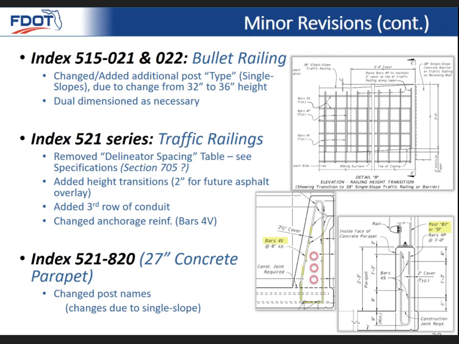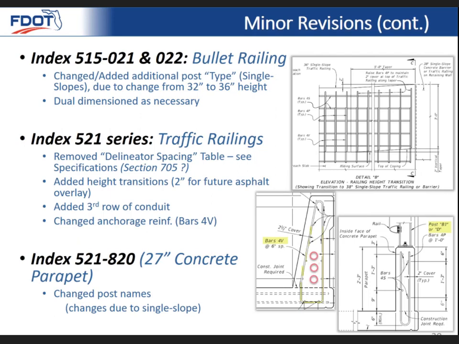And as part of that, we modified the previous anchorage reinforcement that was issued for the single slope on bridges to open up the core of that traffic railing to better accommodate the conduit. So those are actual changes to the single slope that had been previously issued under the developmental and under last year's design standards.